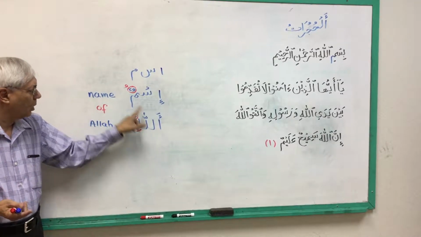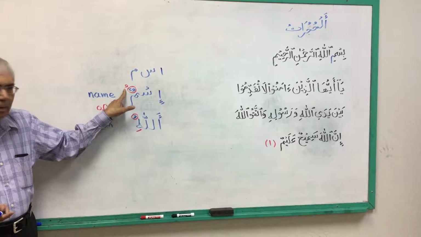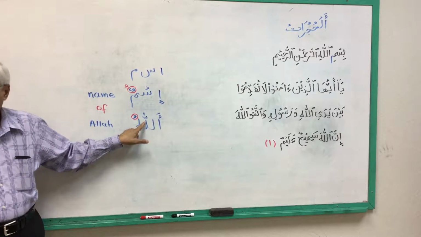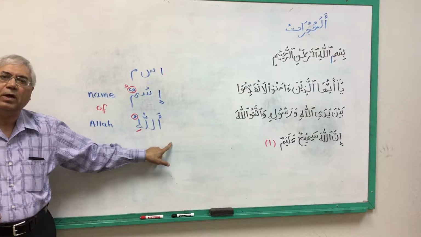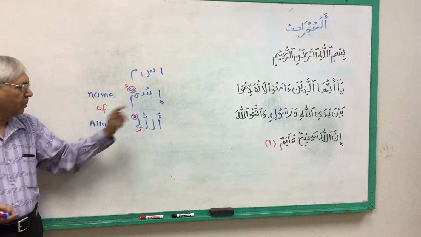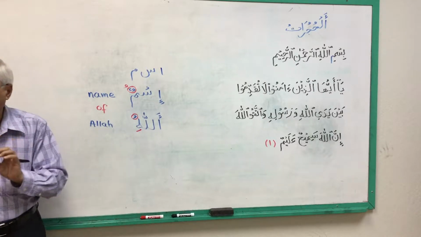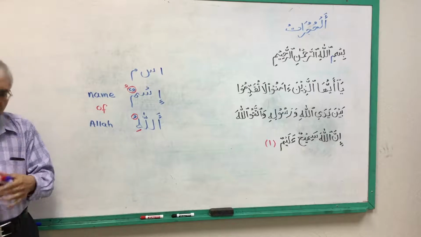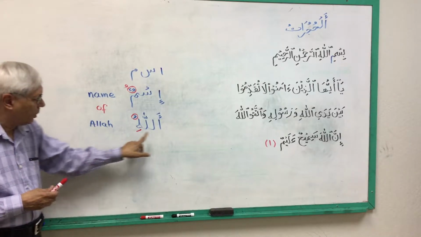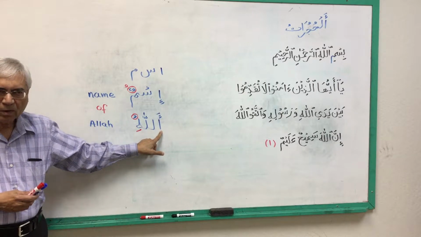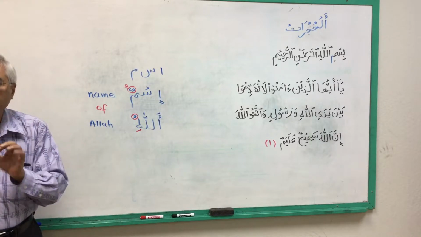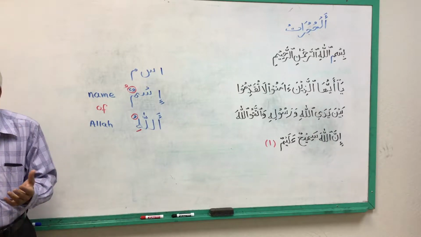So we combine this mim with this lam and drop the sound of alif. So it becomes ismullahi. We dropped the sound of this alif, but we have to leave the alif because the full word is Allahu.